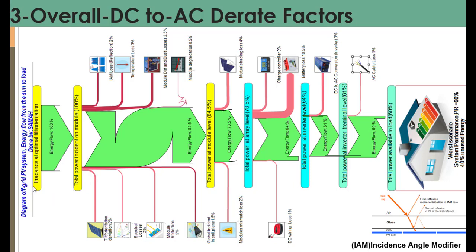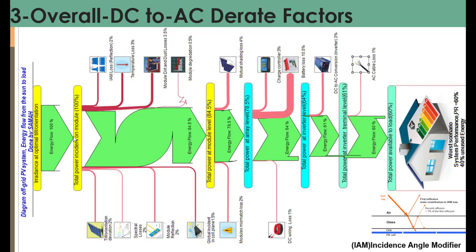As we see, this represents the irradiance at optimal tilt and orientation for the PV modules, and the energy flow as 100%.